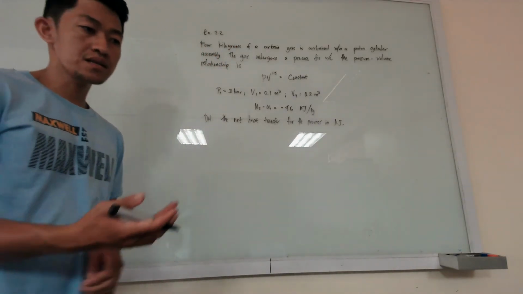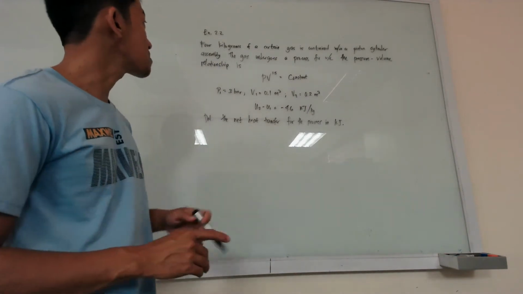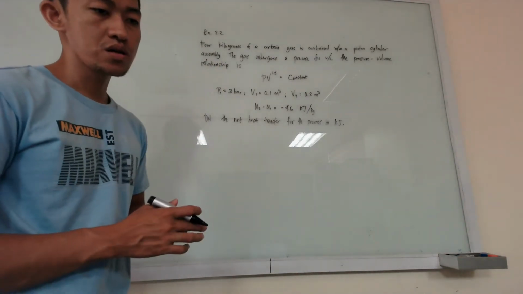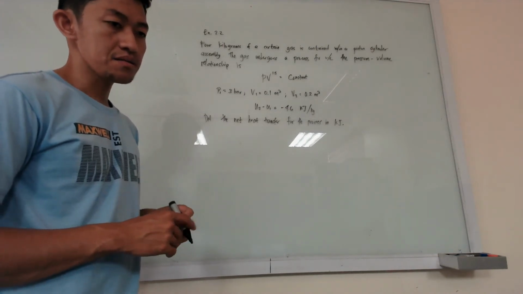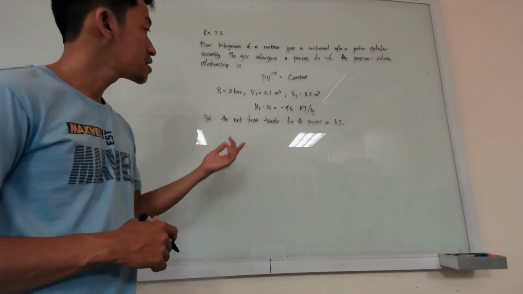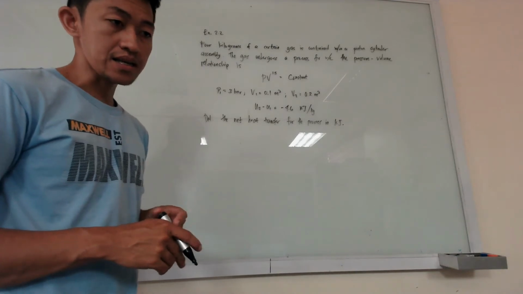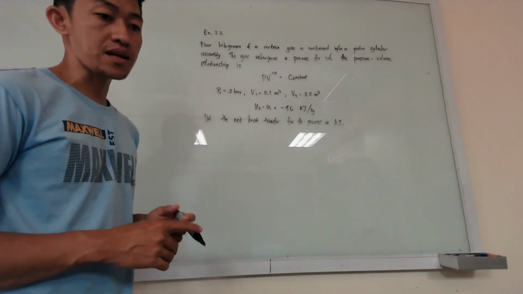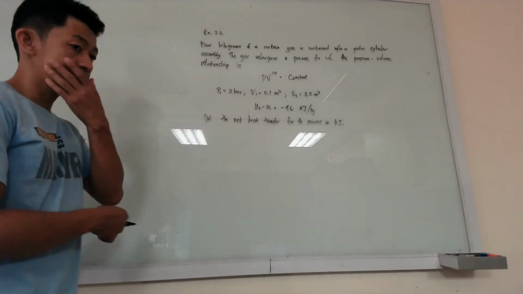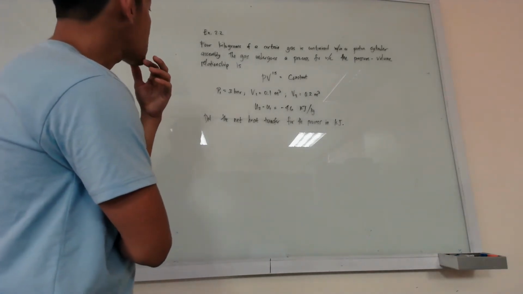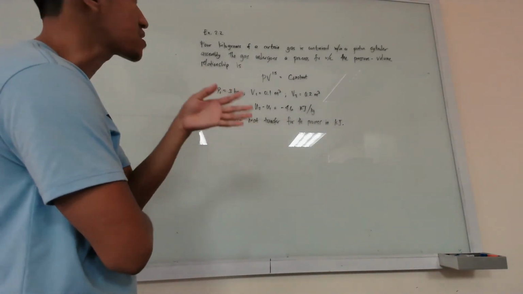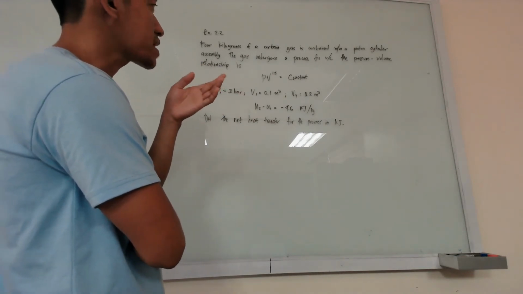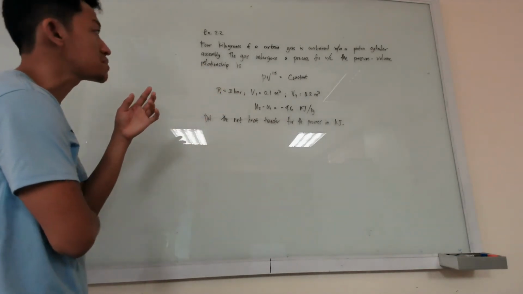Okay, so let's have another example. You have example 2.2, found in your book, and this is about evaluating the net heat transfer using the first law of thermodynamics. The problem is you have 4 kilograms of a certain gas contained within a piston cylinder assembly.